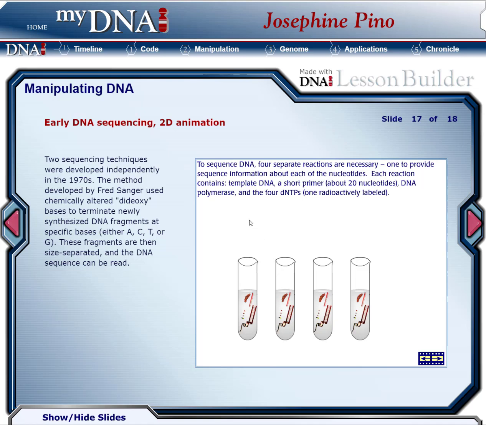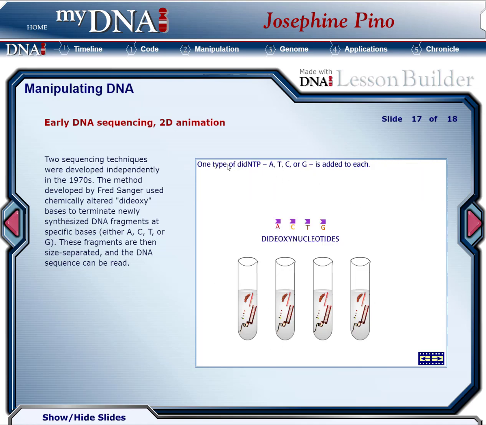One for the A, one for the T, one for the C, and one for the G. Each reaction contains template DNA, short primer, DNA polymerase, and the 4 dNTPs, one of them radioactively labeled. Okay, so I figure, the radioactively labeled A, radioactively C, G, and T. That's my concept right now of this.